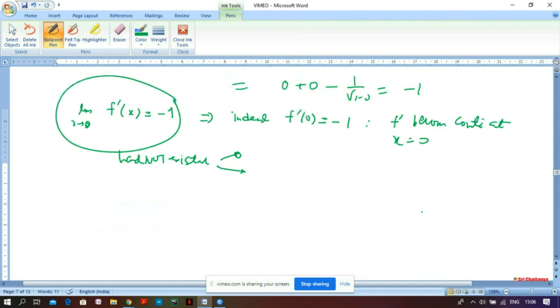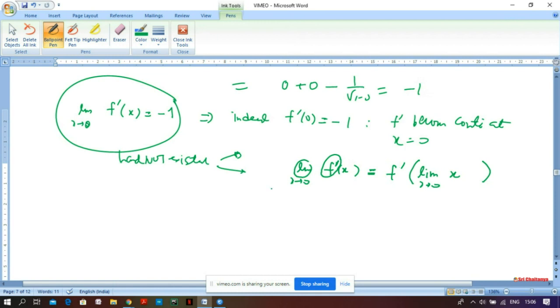That would follow if you write it in a suggestive way. The limit x tends to 0 of f prime x, if f prime is continuous, then this limit can come inside. Means limit and function can commute. And I can write f prime of, watch it very carefully, f prime of limit x tends to 0 of x.